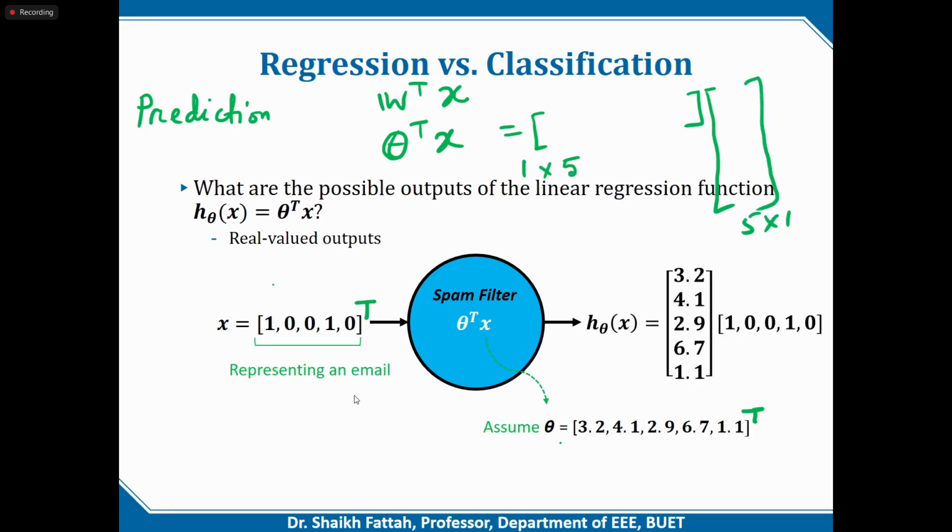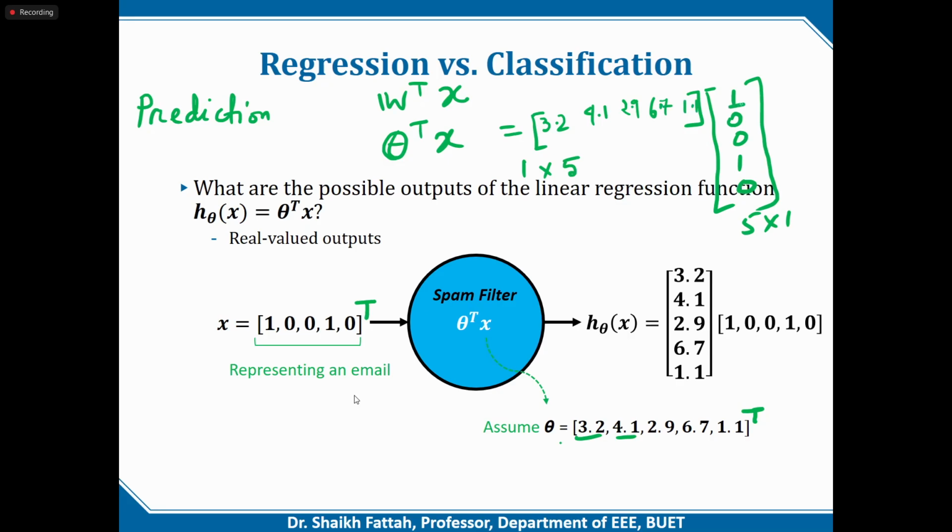Please write it: 1, 0, 0, 1, 0. What are the weights? 3.2, 4.1, 2.9, 6.7, 1.1.